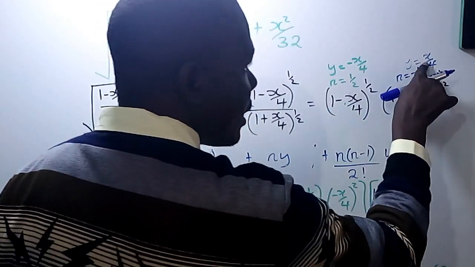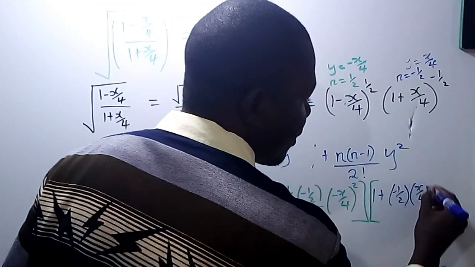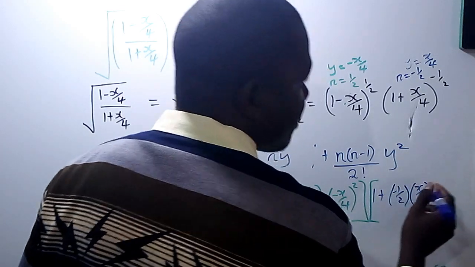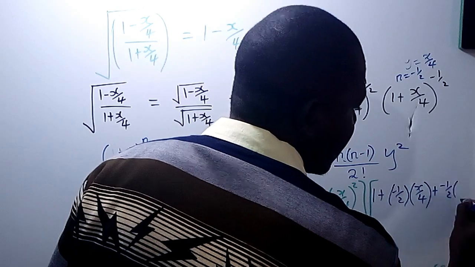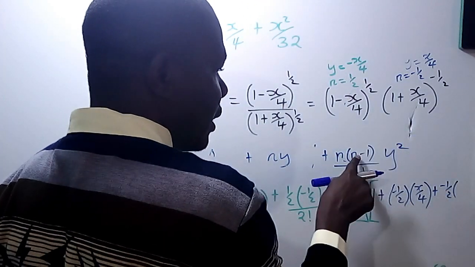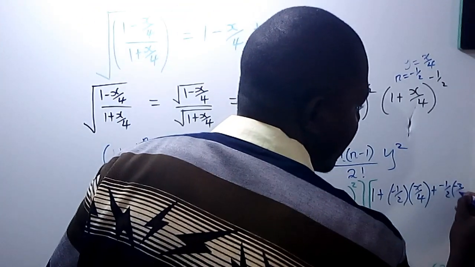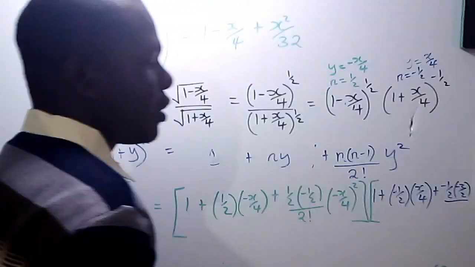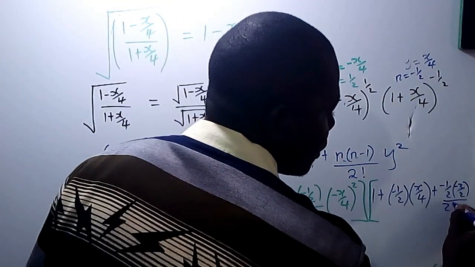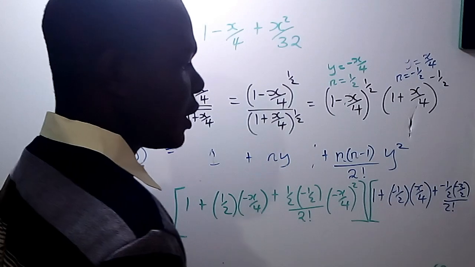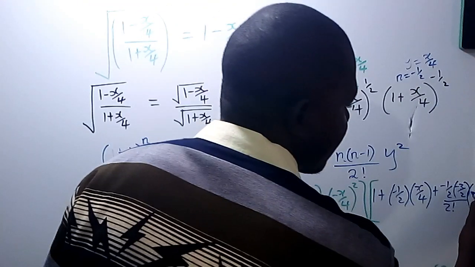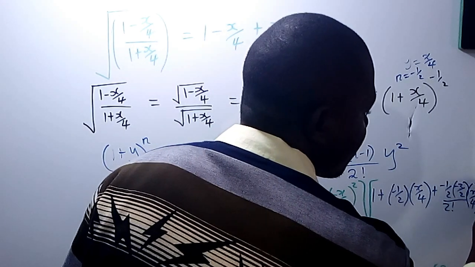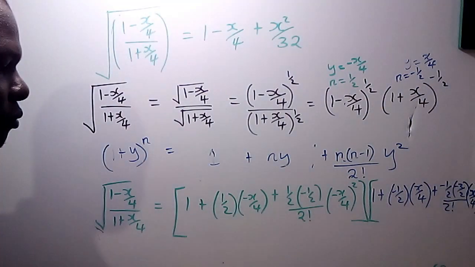Then y is x over 4. Then plus n, which is negative a half, into negative a half minus 1, which is negative 3 over 2, over 2 factorial. Then our y is x over 4 squared.